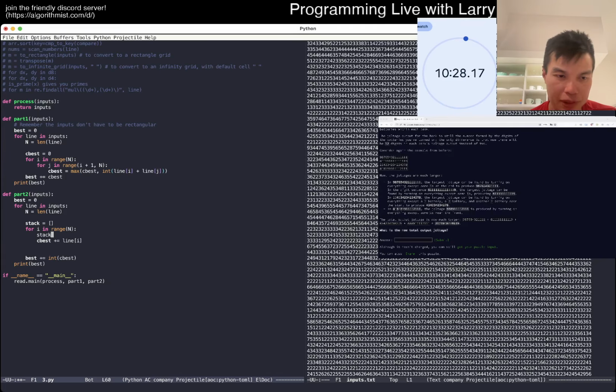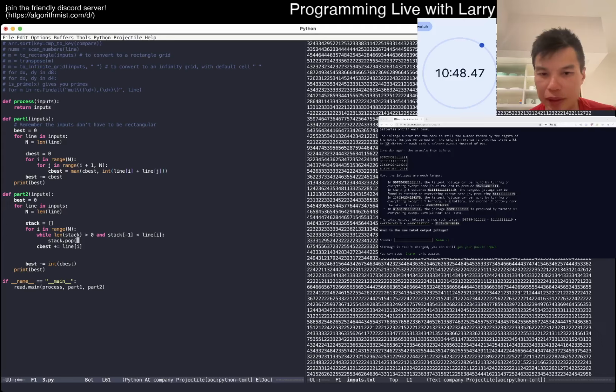While there are more numbers, you pop it. Okay, so how does it go? But it has to be that the length of the stack plus n minus i is greater than or equal to 12 or something, right?